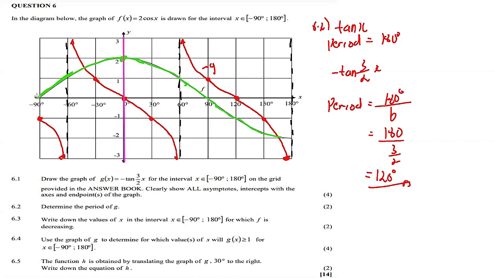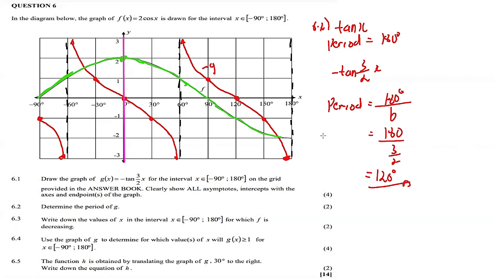At this point, the graph of f is increasing because if you were to draw a straight line here, it would have a positive gradient. But looking at this part here, if you draw a straight line like this, it would have a negative gradient, meaning that the graph is decreasing at points between 0 degrees all the way up until where the graph ends at positive 180 degrees.